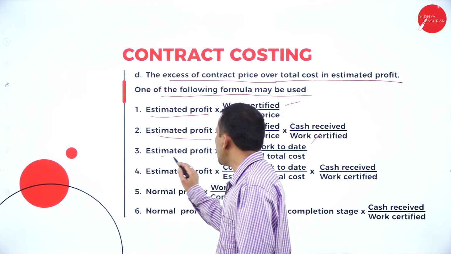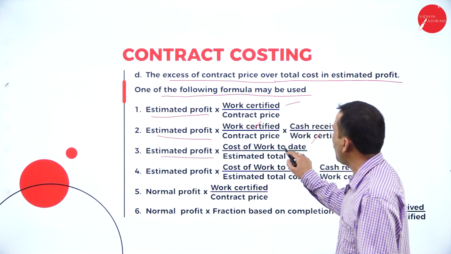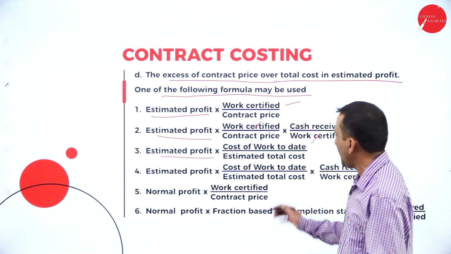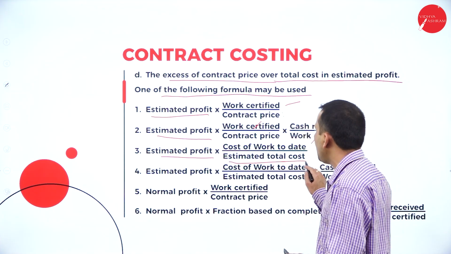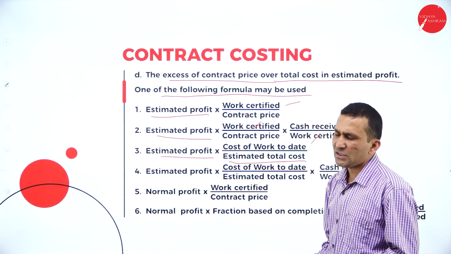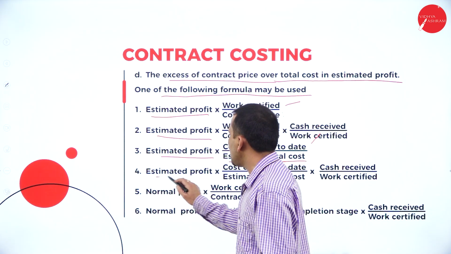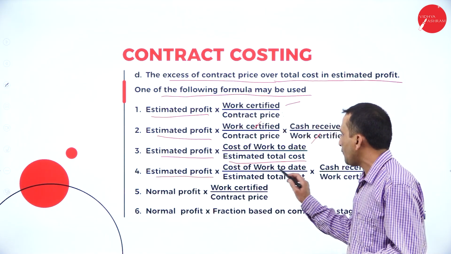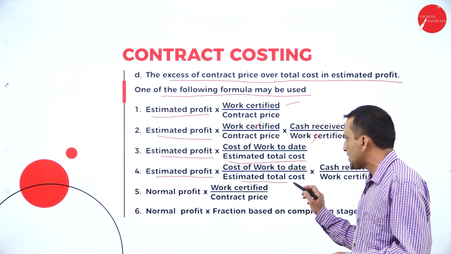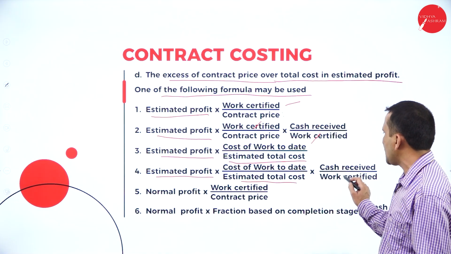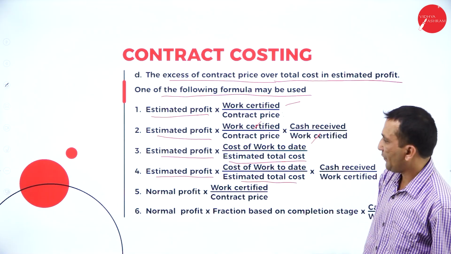Now the third one: estimated profit into cost of work done till the date, divided by estimated total cost, which we got from A and B added. Next one: estimated profit into cost of work to date divided by estimated total cost into cash received divided by work certified.